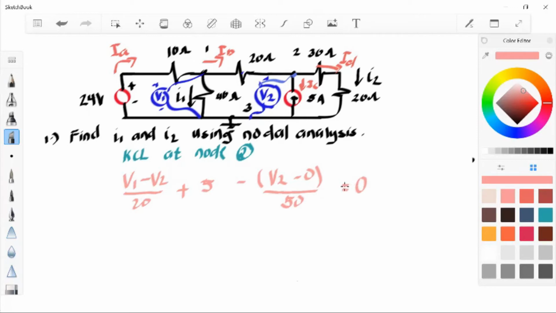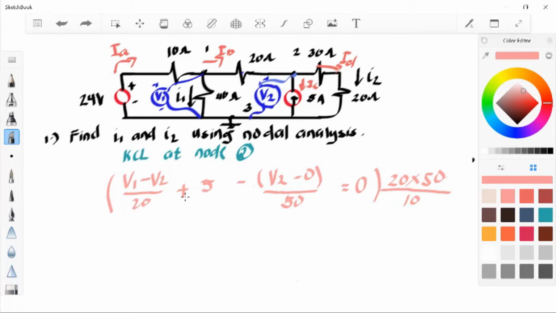Okay, so again, to solve this, we multiply 20 times 50, that is 1000 right there. So to simplify this, let's divide it by 10 only, because that would be a very small value. So again, 20 cancels out.